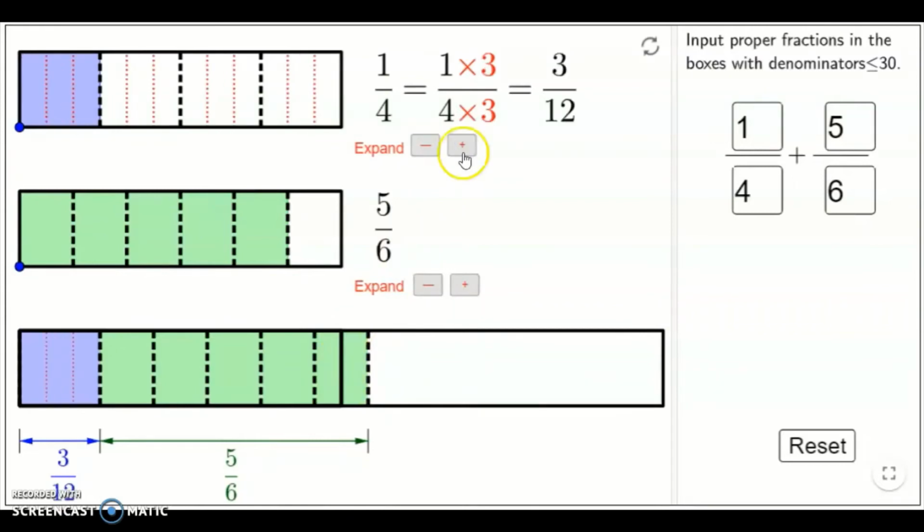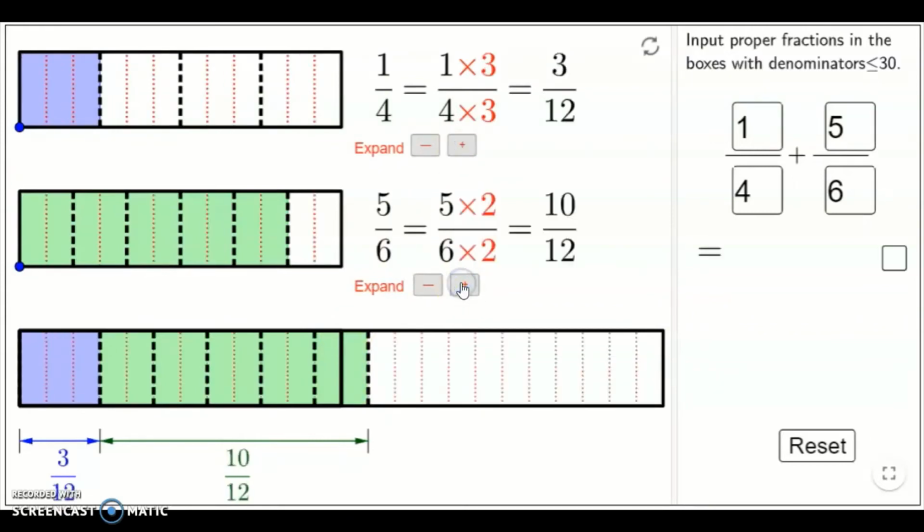We need 12 in the denominator in both cases, and this time we have 10 twelfths here, 3 twelfths here, and 10 twelfths plus 3 twelfths is 13 twelfths, which is 12 twelfths with 1 12th left over. So that's 1 and 1/12 if we write it as a mixed number.